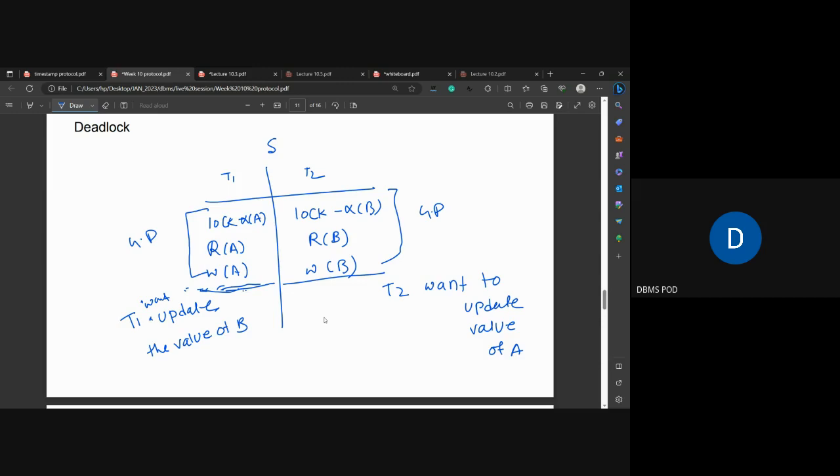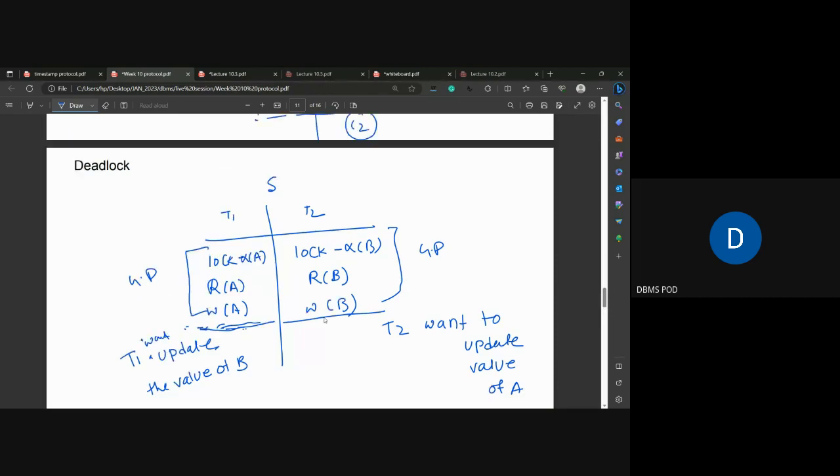T1 waits and T2 waits, each for the other transaction to unlock the data item. It will fall into deadlock. Both will wait, and the wait will never end, right? Yes. So that is called deadlock. The two-phase locking protocol does not ensure deadlock freedom. Correct. Up to that is clear.